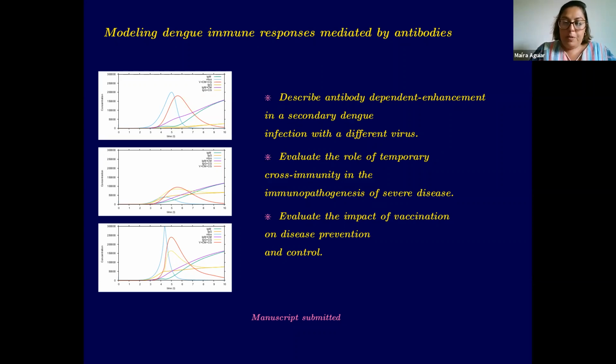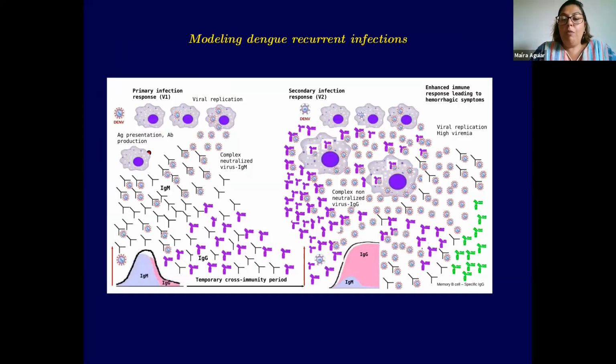So you remember here this scheme, and we are going to analyze how is the dynamics of dengue recurrent infections, including this pre-existing antibody here after primary infection and in a secondary infection with the same virus and with a different virus.